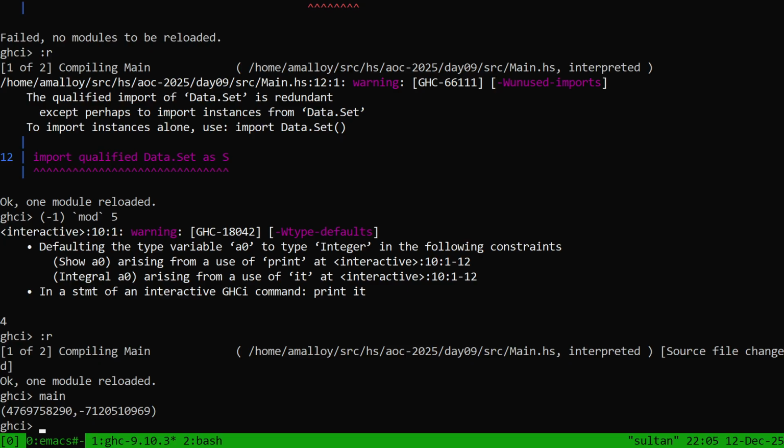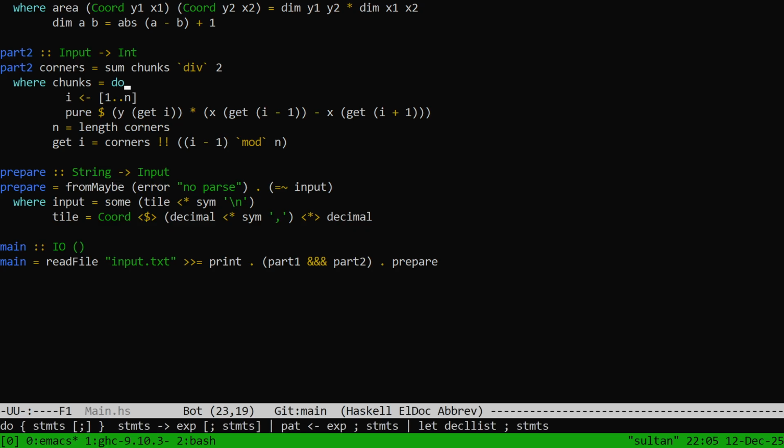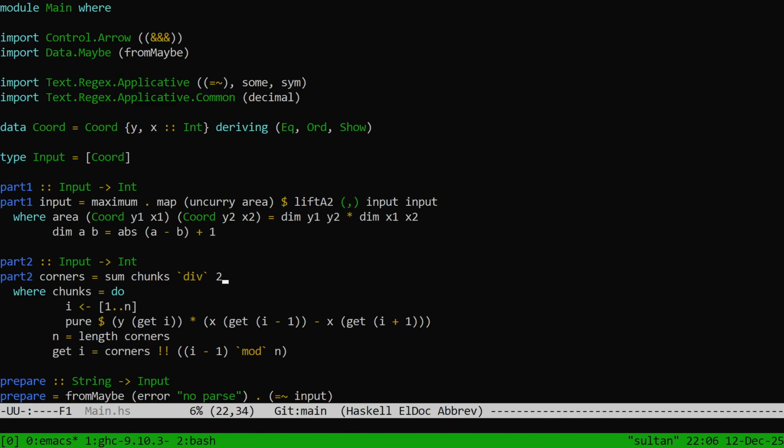Oh, there is one problem, actually. I forgot to have the polygon connect to itself at the end. So let's say this is the input.